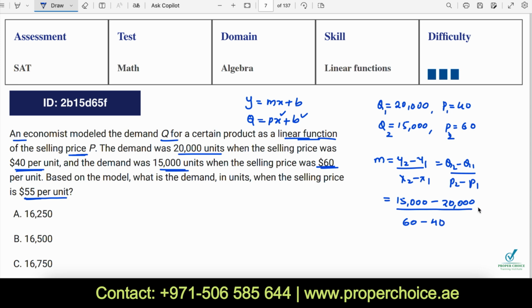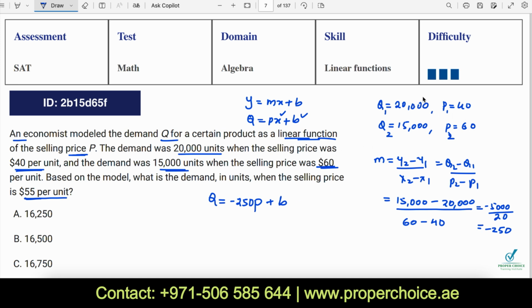So the difference is negative 5,000 divided by 20, which gives us negative 250. So the demand is decreasing by 250 per unit when the price increases. Okay, so then this equation becomes Q equals negative 250 times P plus B.